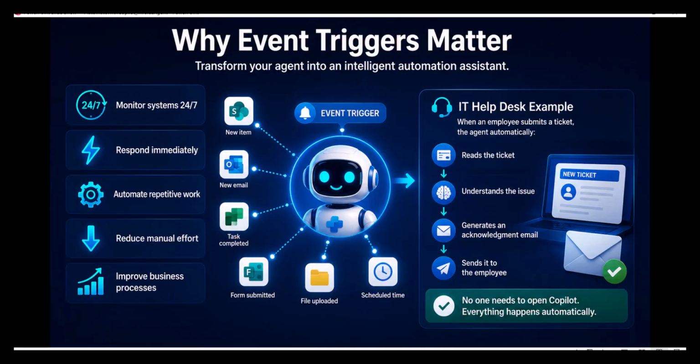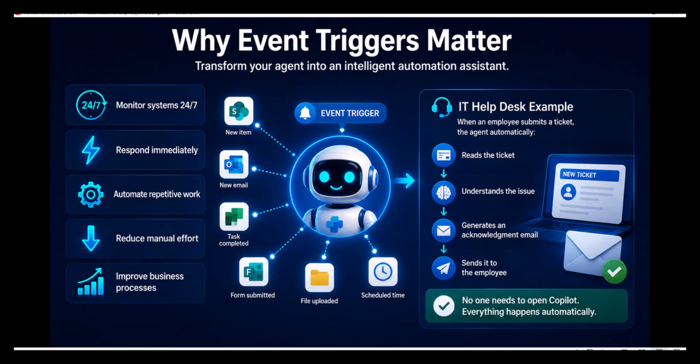So let's understand why event triggers are important. Event triggers transform our agent from a chatbot into an intelligent autonomous agent. Instead of only answering questions, your agent can monitor the system 24 by 7, respond immediately, automate repetitive work, reduce manual effort, and improve business processes. Imagine an IT help desk.